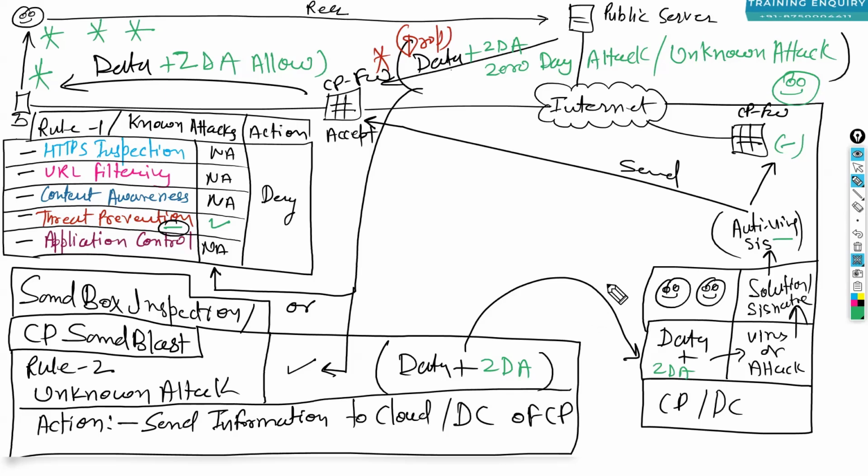Now the question is this: can we protect our network or any network from the initial zero-day attack? No. The first victim will always go down, but yes, we can minimize the time.